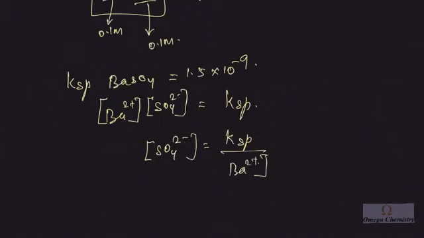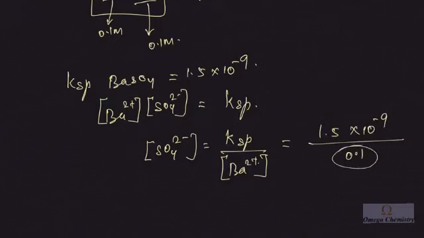Can I write like that? Fine. So it is 1.5 × 10^-9, and I know the concentration of barium ion. It is 0.1, which can also be written as 10^-1. If it goes up, it will become 1.5 × 10^-8. So this much amount of sulfate ion is required for the precipitation to start.